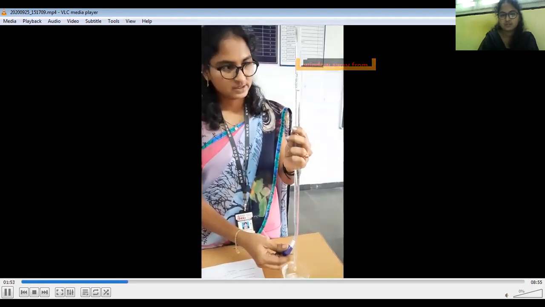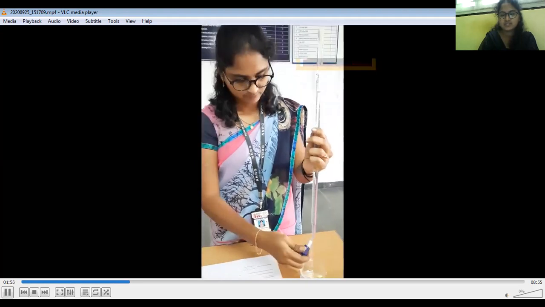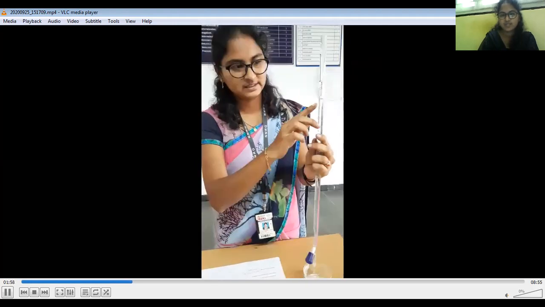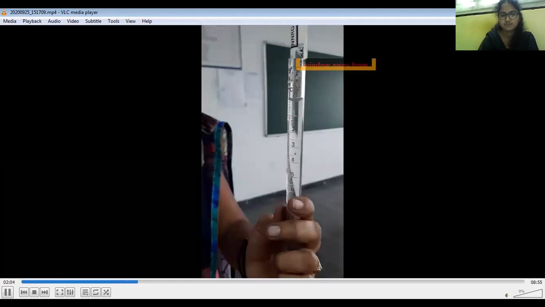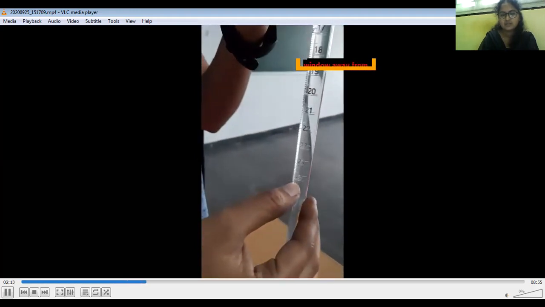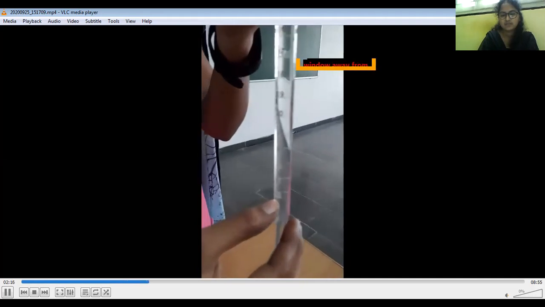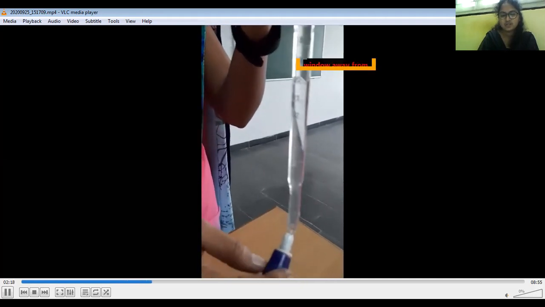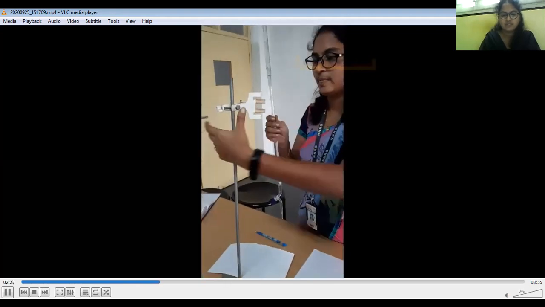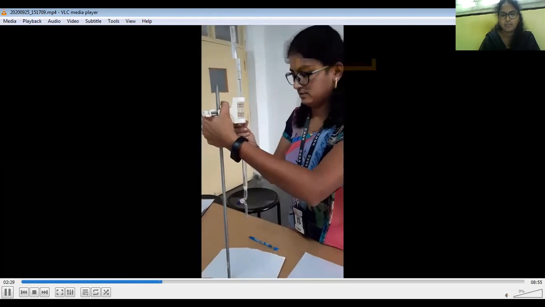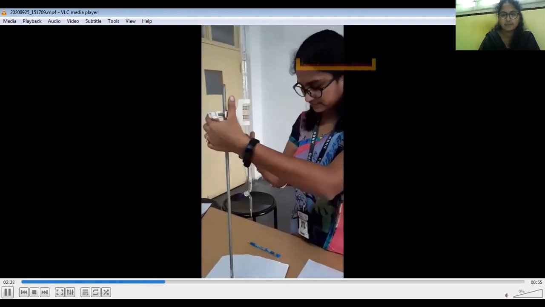Open the valve, so without air bubbles it will be adjusted to 0. The burette capacity is 25 ml. That will be fixed with its burette stand.